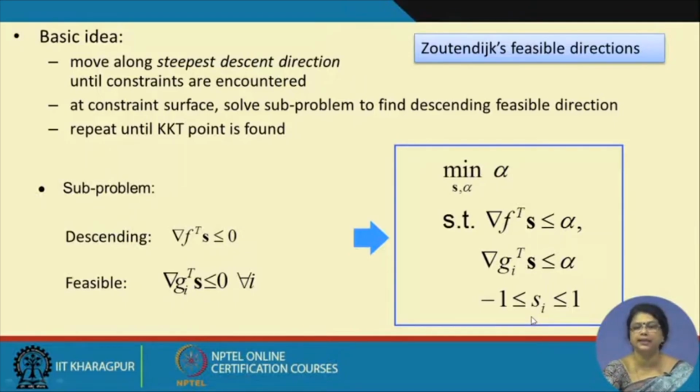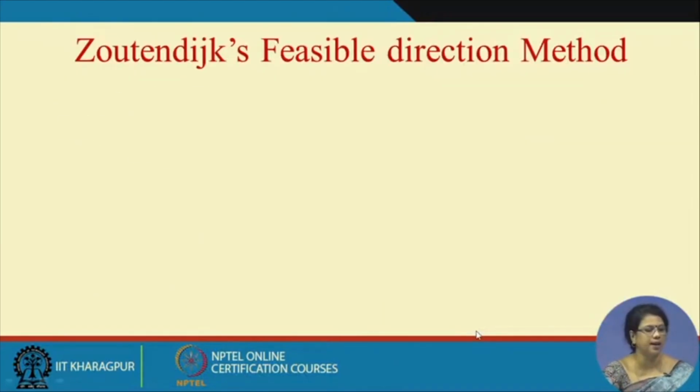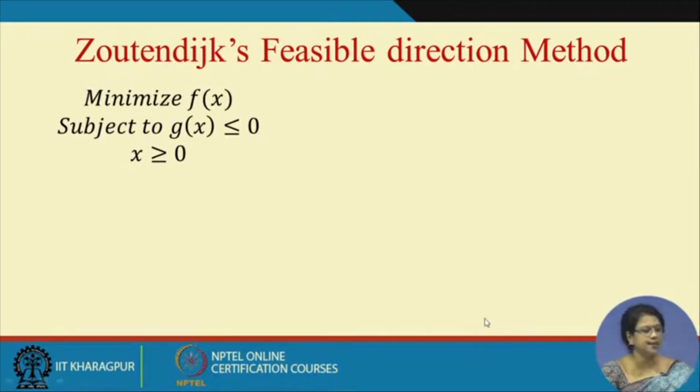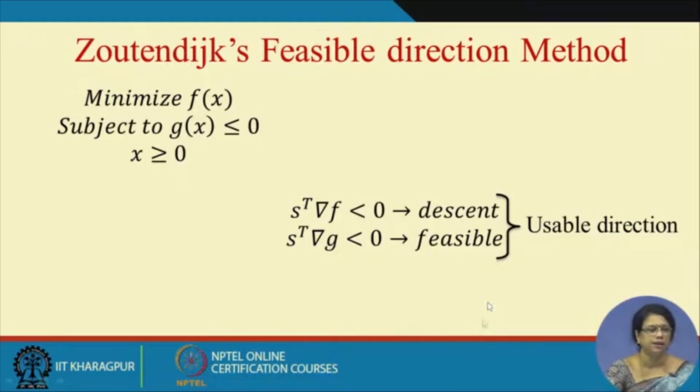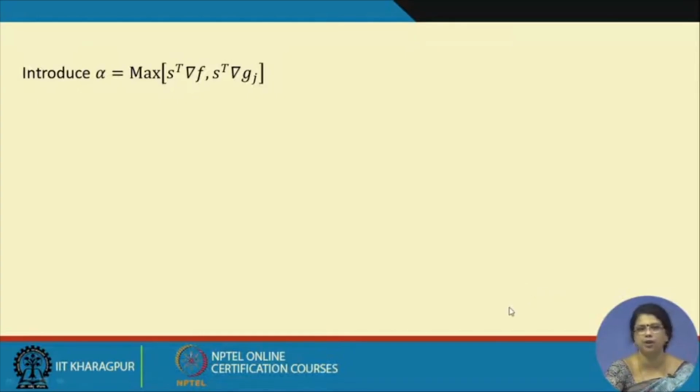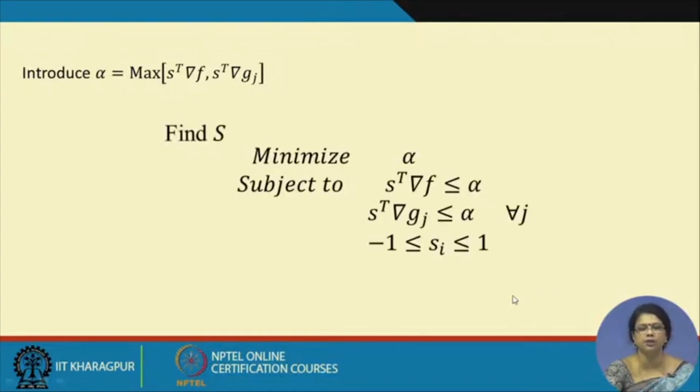If we take the norm of this vector, it will be 1. That is why each component will be between -1 and 1. Zoutendijk considered the feasible and the descent direction together as the usable direction. So our target, in the Zoutendijk methodology, is to find the usable direction from a point.